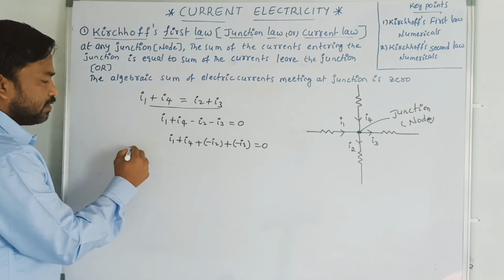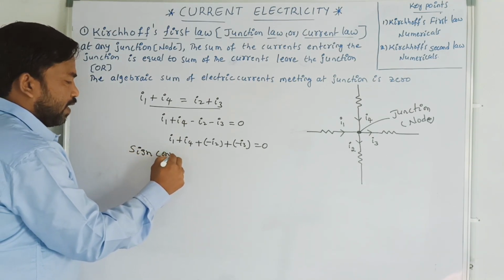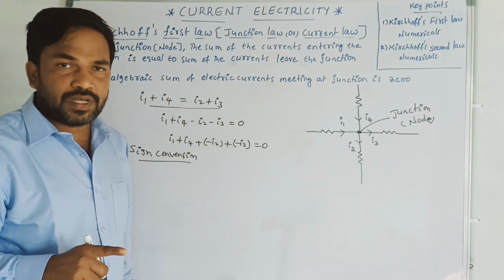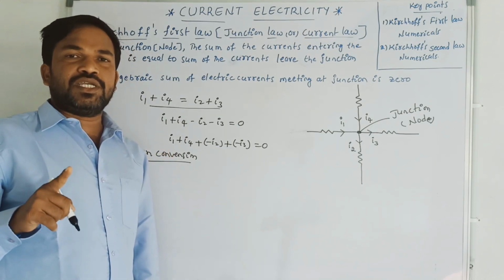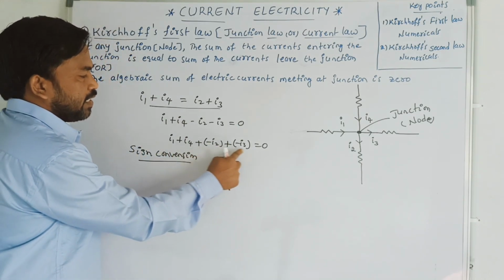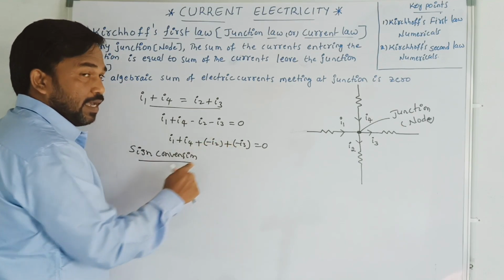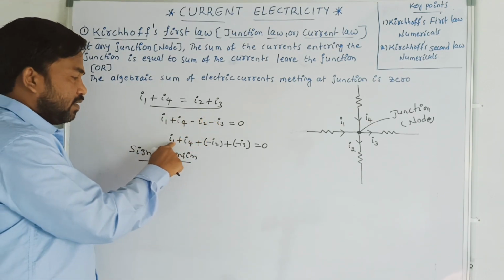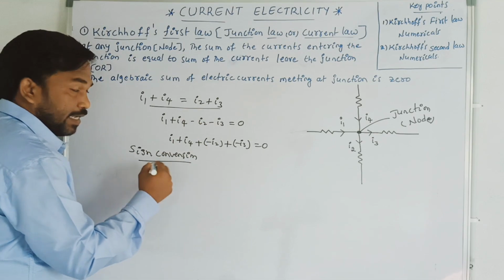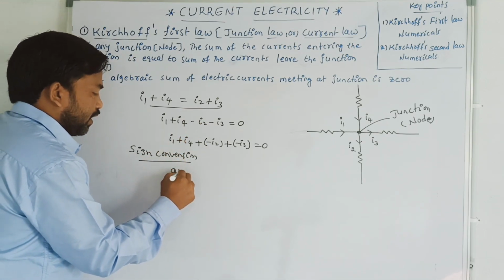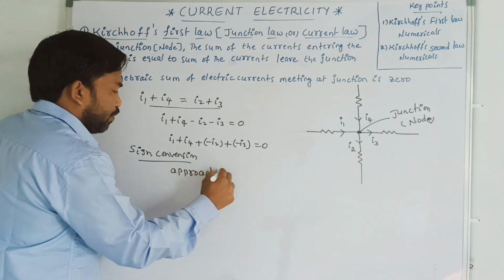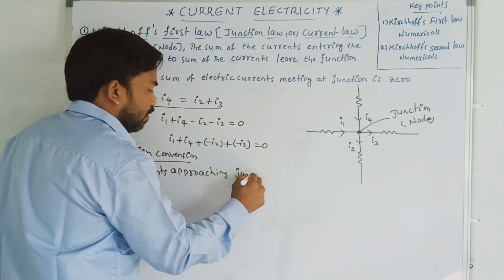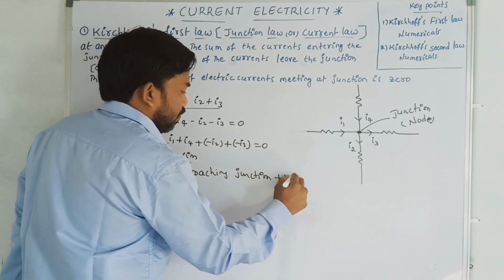Here we are going to see the sign convention. What is the sign convention? The currents approaching the junction are always taken as positive.